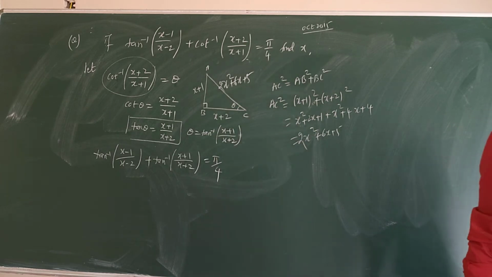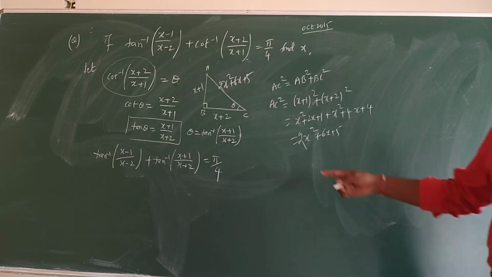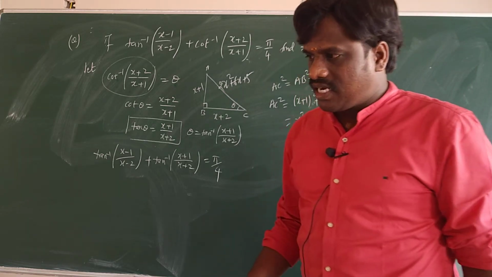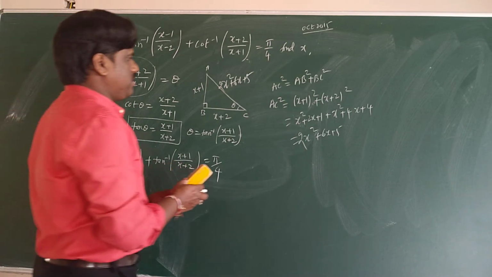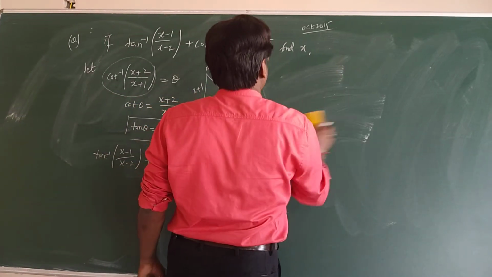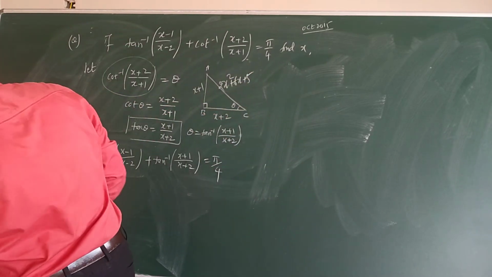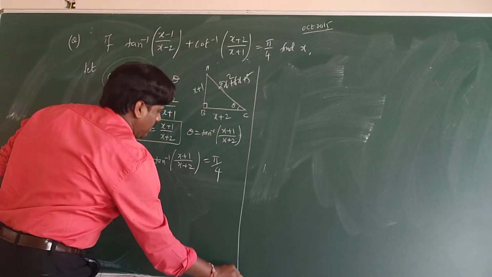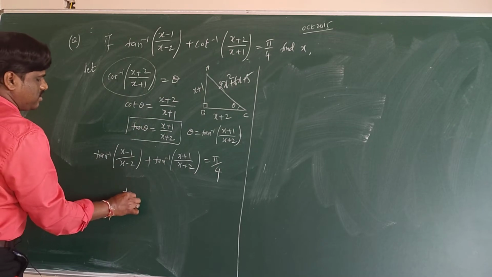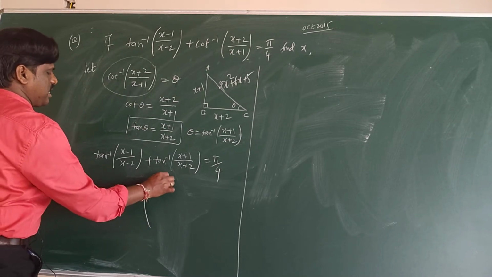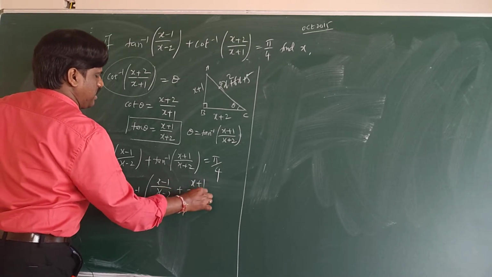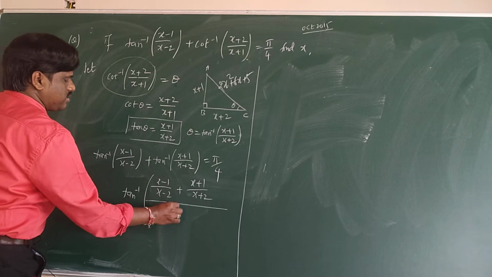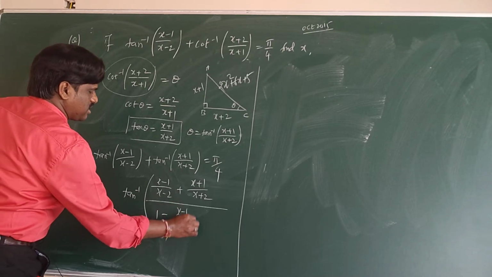Now what is the formula for tan inverse x plus tan inverse y? Tan inverse of (x plus y) by (1 minus x into y). So I am applying that formula here. If I apply that formula, I get tan inverse of (x plus y) divided by (1 minus x into y).